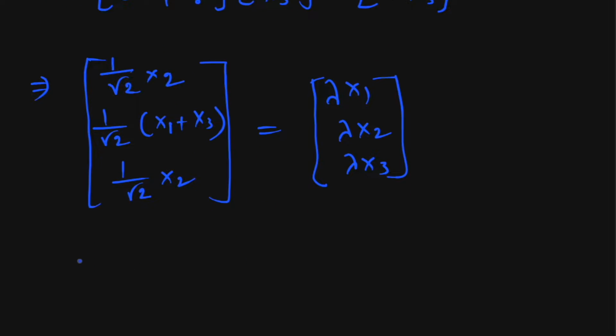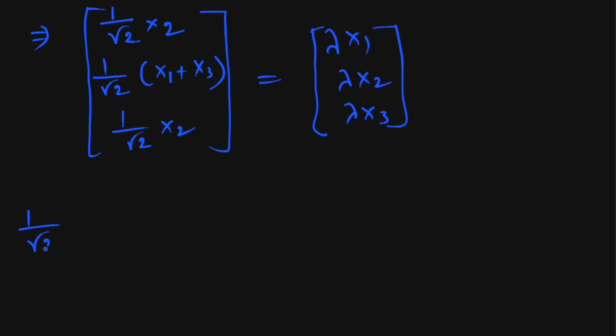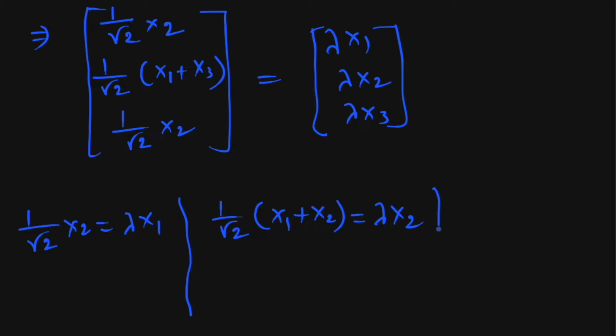So this means that 1 by root 2 x2 is equal to lambda x1, 1 by root 2 (x1 plus x3) is equal to lambda x2, and 1 by root 2 x2 is equal to lambda x3.